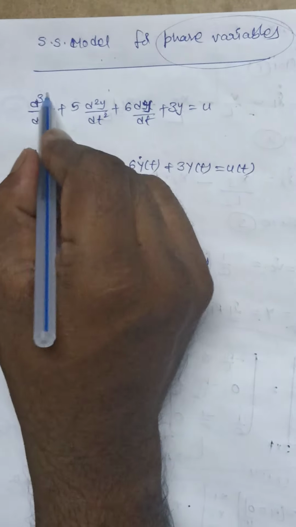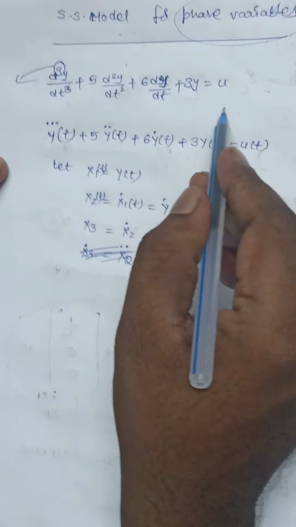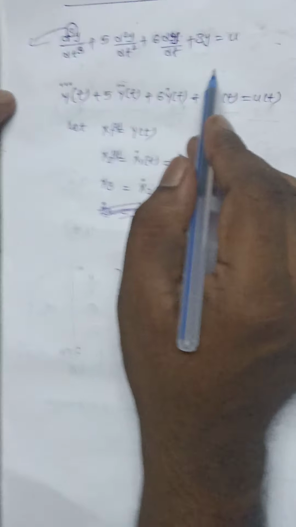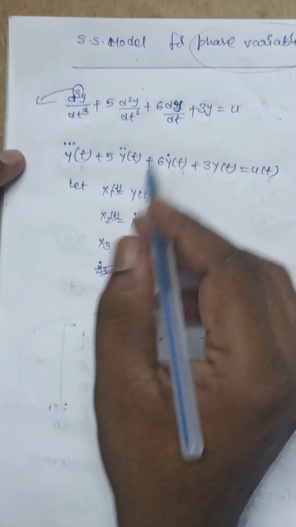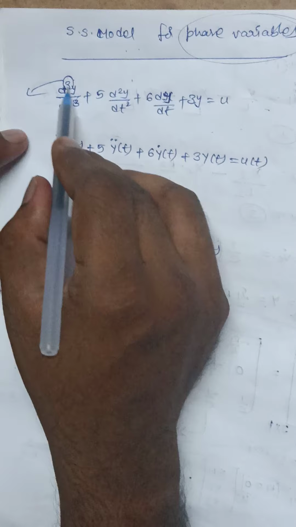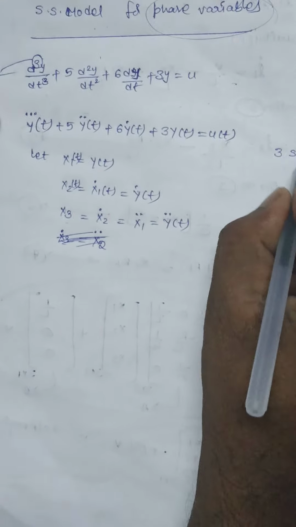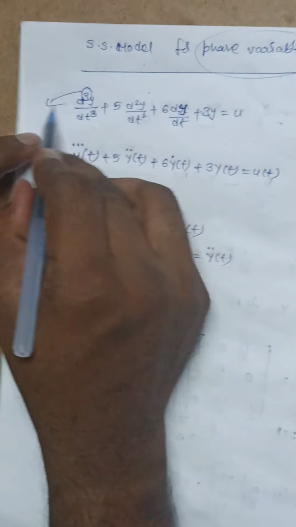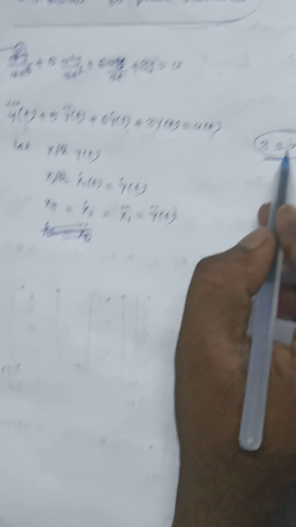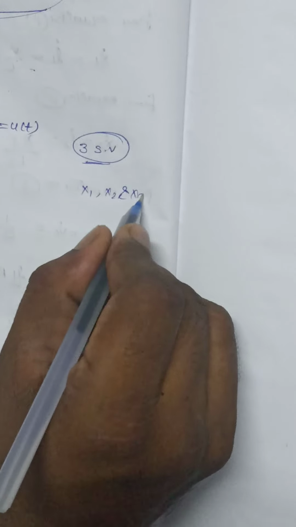Why? Because the order of this differential equation is only 3. Then I can proceed up to x3 here. Because the number of state variables is only 3, since the order of the system is only 3 here. So there will exist 3 state variables, that is x1, x2 and x3.